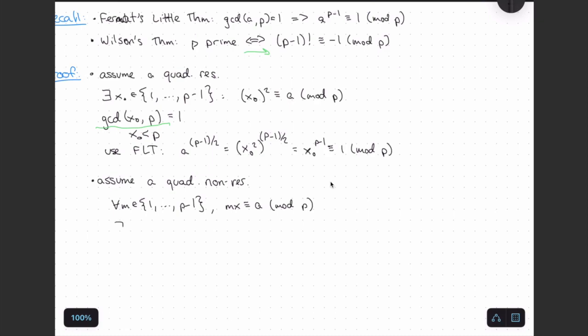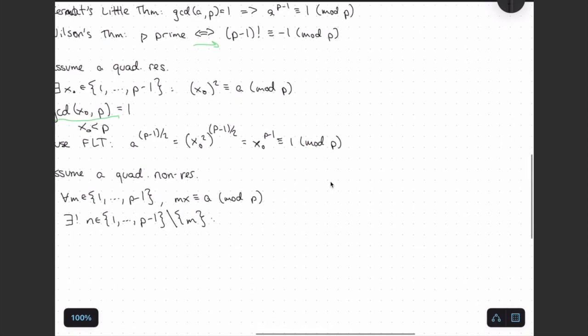So there exists a unique n in 1 to p minus 1, take away m, such that mn is equivalent to a mod p.